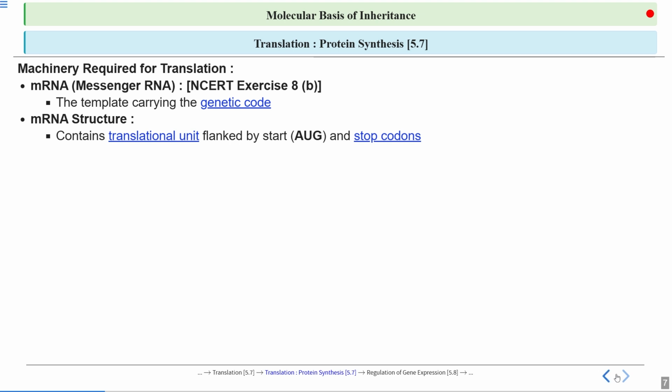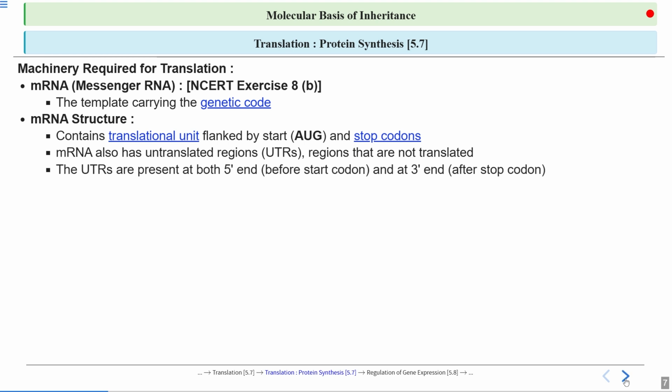So what they are saying is, what does this mRNA structure look like? In this slide we have a picture, and I will explain it more there. Then mRNA also has UTRs. What are UTRs? UTRs are the untranslated regions, the regions that are not going to be translated.